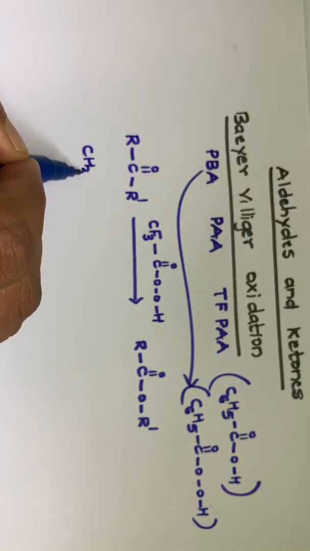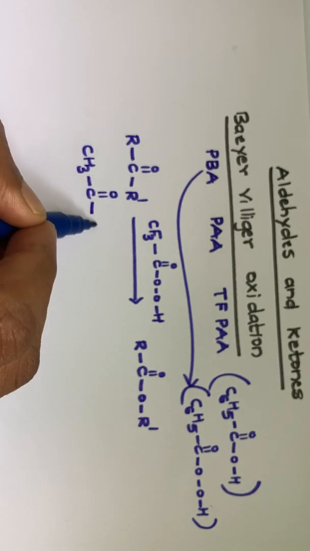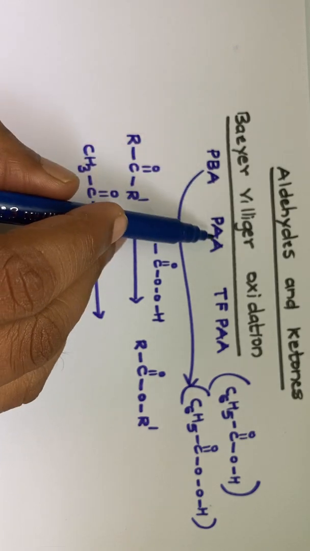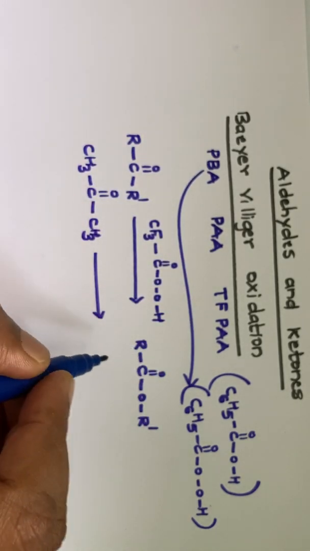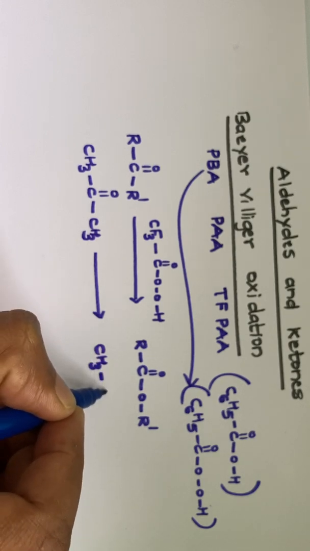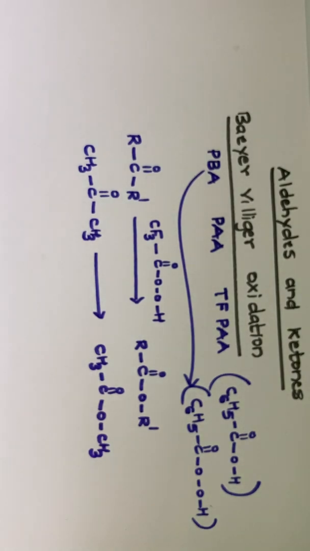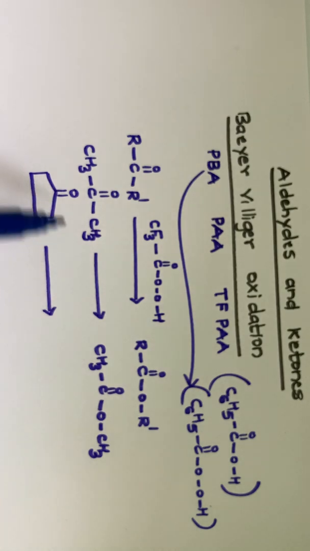To quote some examples, acetone, when it is treated with peroxyacid, perbenzoic acid, peracetic acid, trifluoroperacetic acid, you get an ester. If you have a cyclic ketone like this, that also gets converted into an ester. Oxygen gets introduced here between carbon and this.